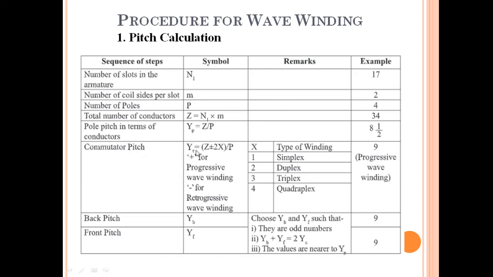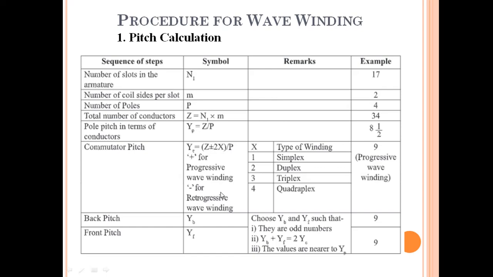Then next is to calculate the commutator pitch. To find it, we have the equation yc equals z plus or minus 2x divided by p. The plus is for progressive wave winding and the minus is for retrogressive wave winding. For progressive, yc equals z plus 2x divided by p, and for retrogressive it is z minus 2x divided by p.